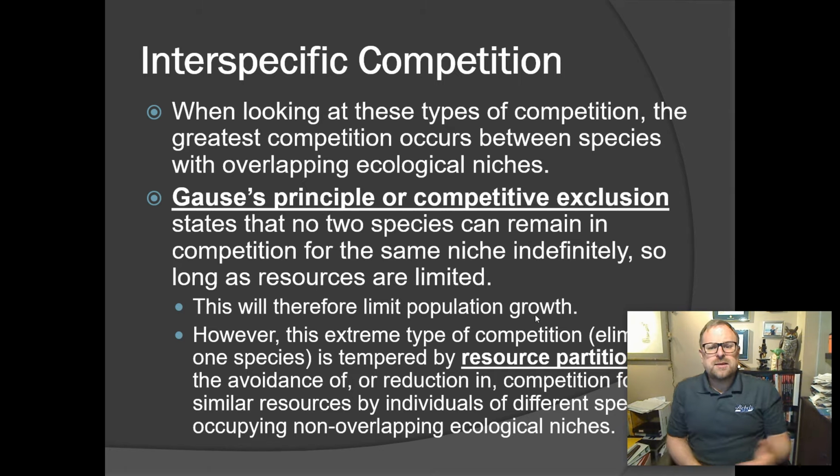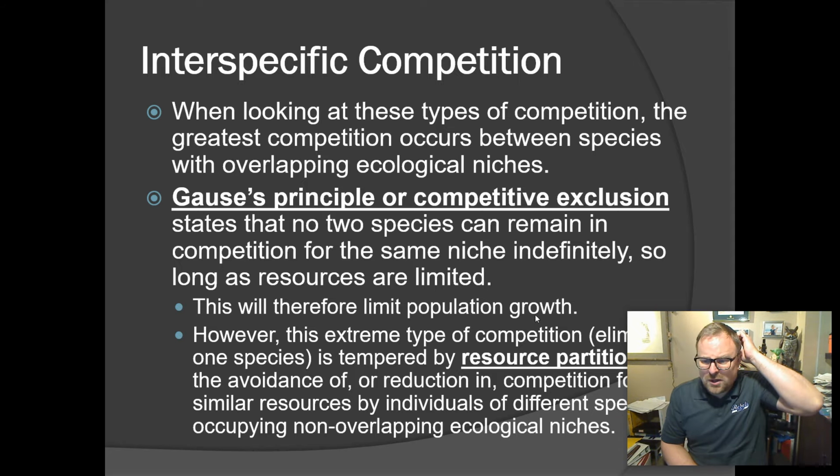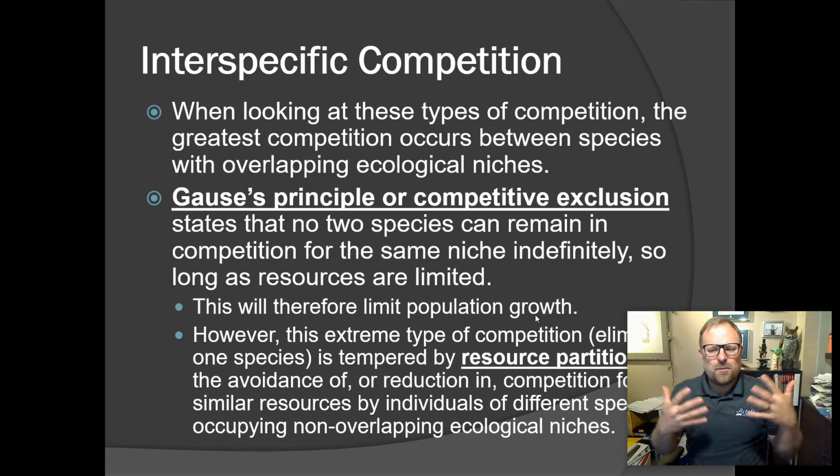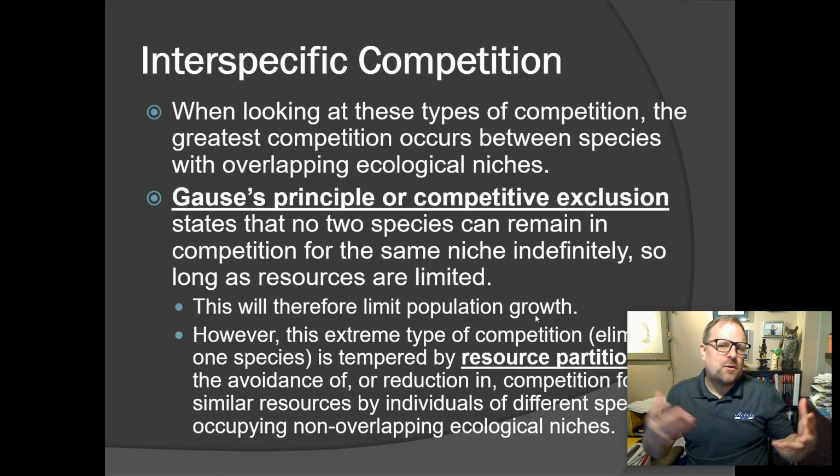So when we're looking at different types of competition, the greatest competition occurs between species with overlapping ecological niches. If you don't remember what an ecological niche is, it is a role that an organism plays within its ecosystem. That role might be to be a primary consumer, or it might be to occupy a particular part of the ecosystem, or it might be the activity cycle of that organism.